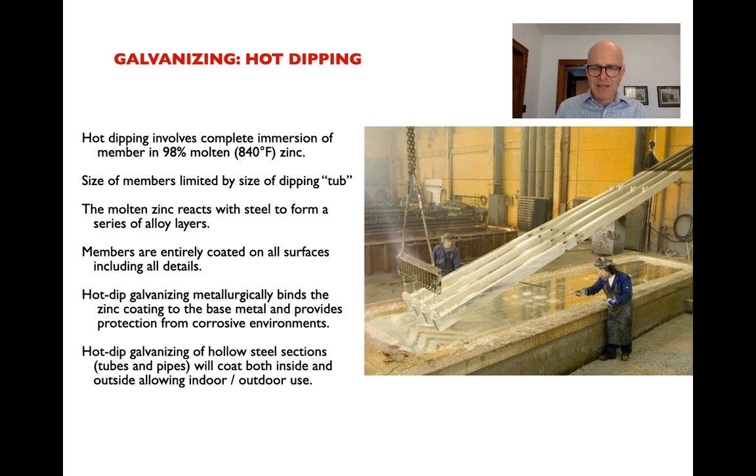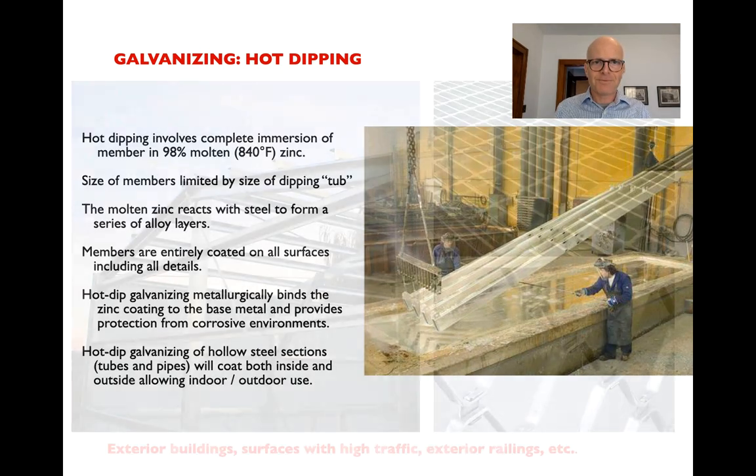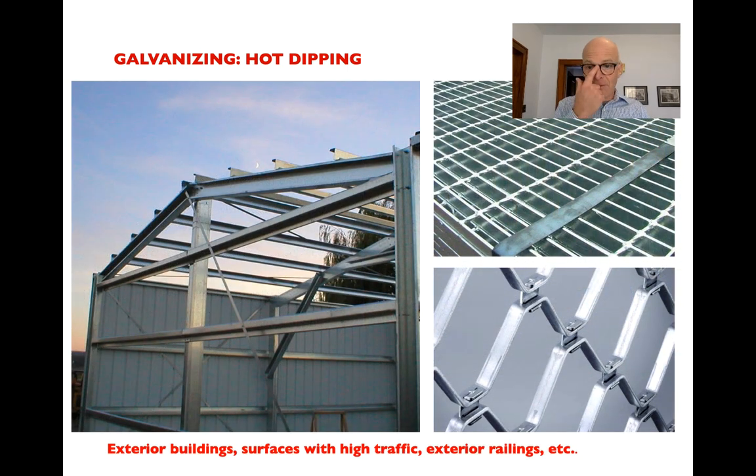And because it's not a painted surface, it's slightly less vulnerable to scratching. Galvanized steel has this very trademark, almost glittering surface, right? You see the elements of zinc plastered all over the exterior of the surface.